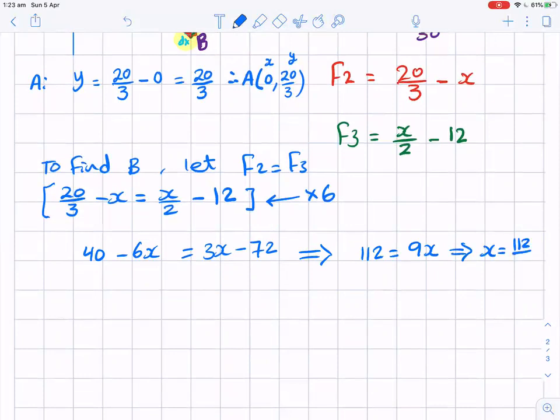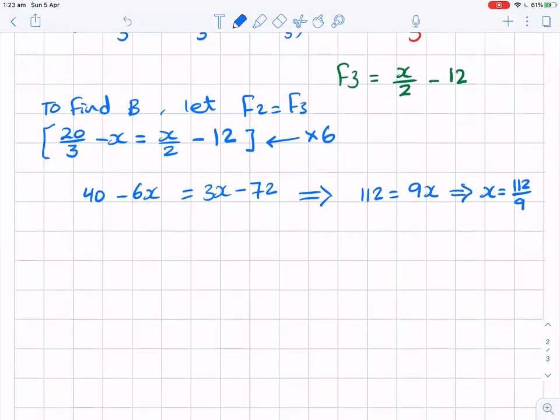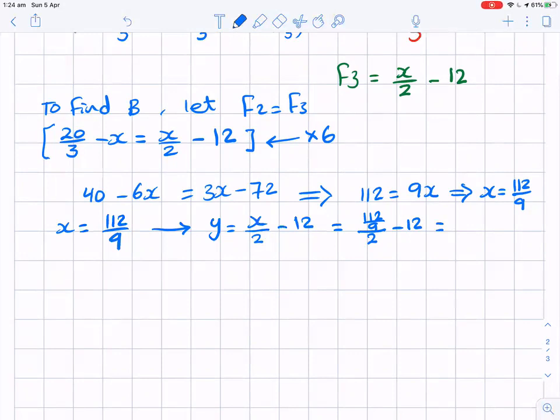And x equals 112 over 9. So if x equals 112 over 9, then y is x over 2 minus 12. We substitute the value of x, which is 112 divided by 9, divided by 2, minus 12, and that will give you the value of y, which is minus 52 over 9.